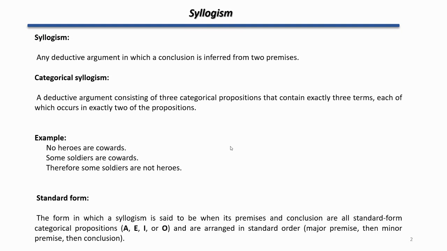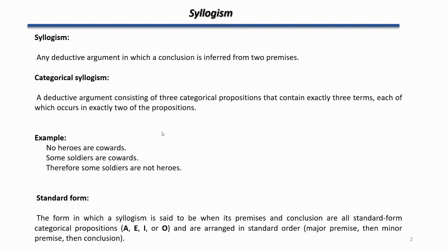Now, if you see some example, I will discuss in detail, so don't worry. The example is: no heroes are cowards, some soldiers are cowards. So here there are three parts: hero, coward, and soldier. Then the conclusion is, therefore, some soldiers are not heroes. So this is a very basic thing of syllogism.